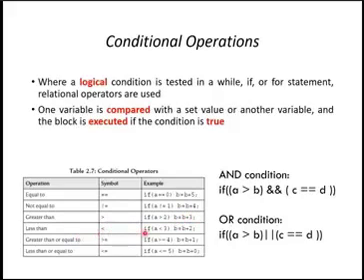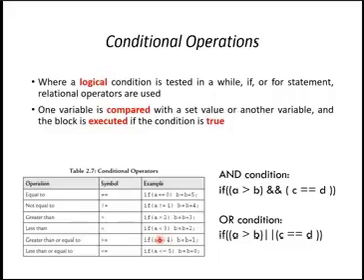If A double equal to 0, the body is B equals B plus 1. So if A is equal to 0, the condition is true; otherwise, the condition is false, and therefore it will not be executed.